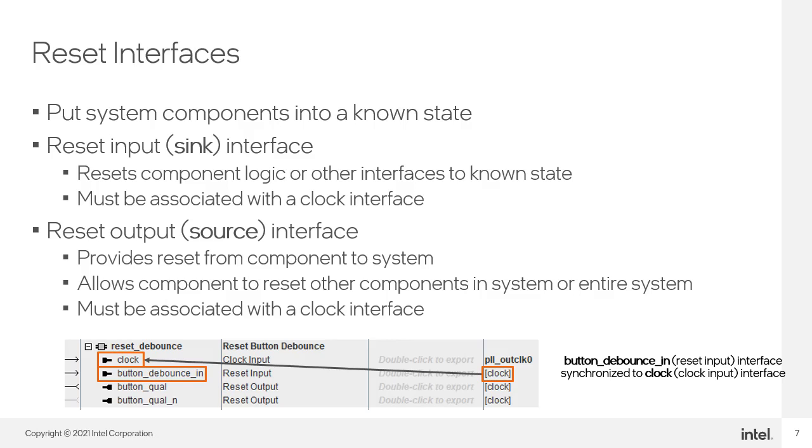In the example shown here of a custom button debounce component, the reset input interface is highlighted, and the clock column for this interface indicates that it is synchronized to the interface in the component named clock. Notice that other interfaces in the component are synchronized to the clock interface as well.